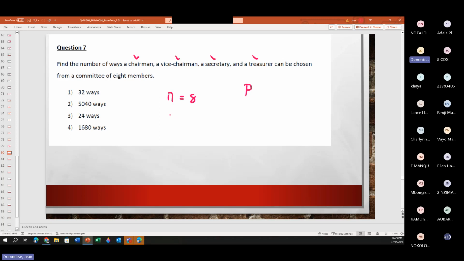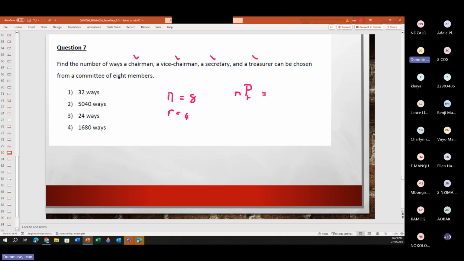Then on our calculators or in the formula, we need to know what r is. r is 1, 2, 3, 4. So r is 4.